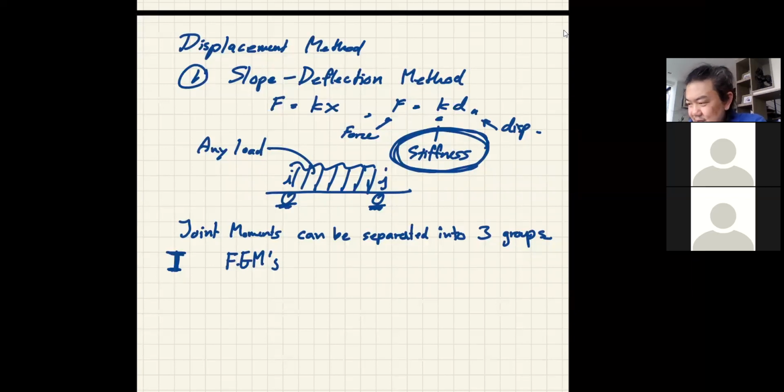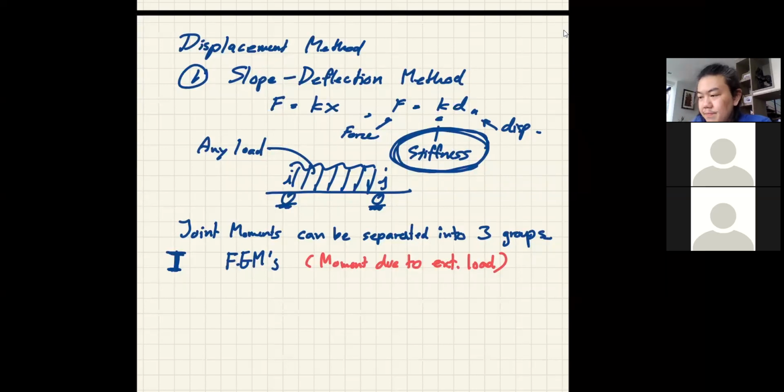You can say this is a moment due to external load. That means when I say external load, if you are going to be very direct, it means that no other things are involved. This moment is due to the load alone, no displacement, no rotation involved.